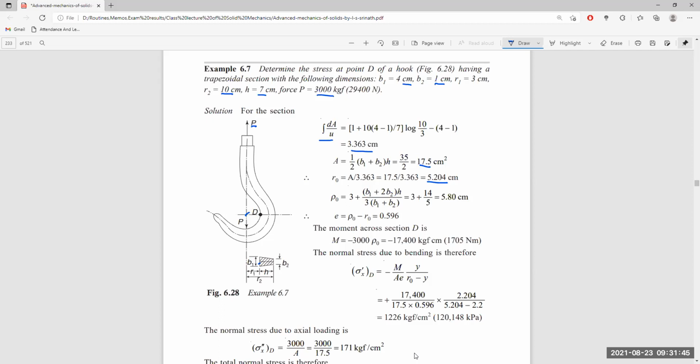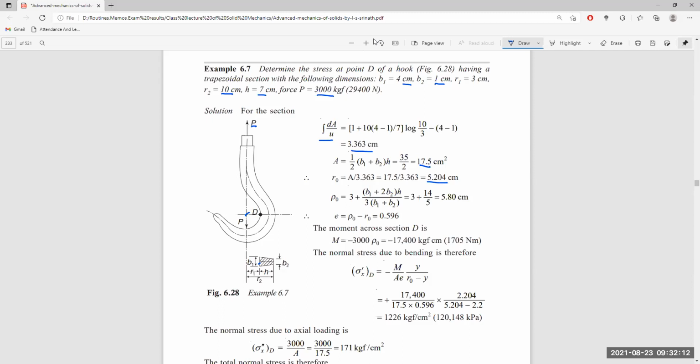And we have to find out the distance of the center of gravity from the center of curvature, that is given as 3, that is R1, that is given by 3 B1 plus 2 B2 multiplied by H divided by 3 into B1 plus B2.